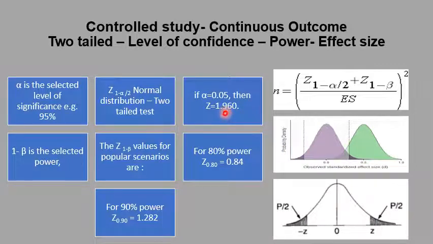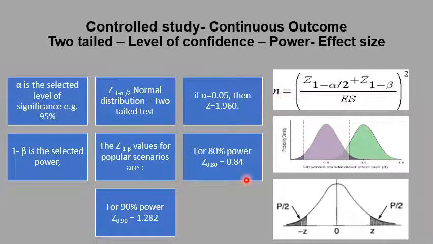So you see this 1.96 being used repeatedly in several equations. The second z-score is related to the power, and the usual in medical research is that we use either 80% power or 90% power. If we use the higher power, of course, then we need more subjects in each group.